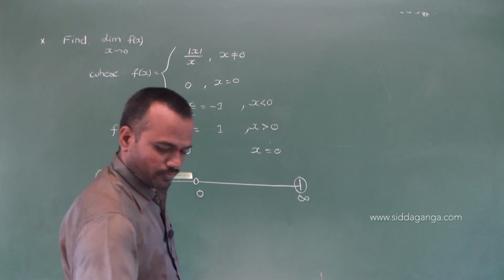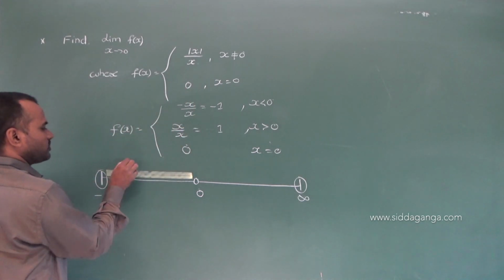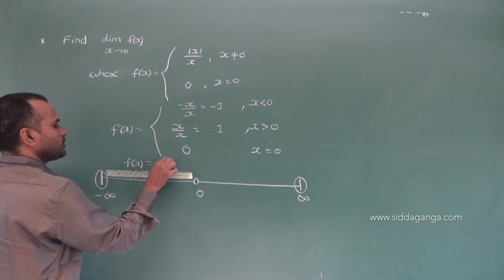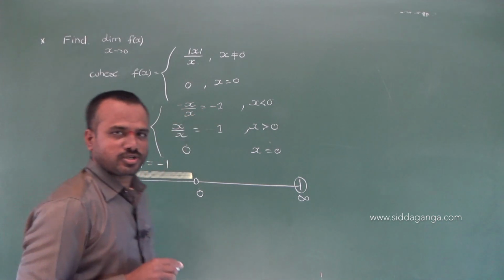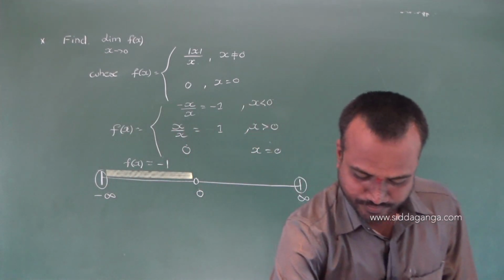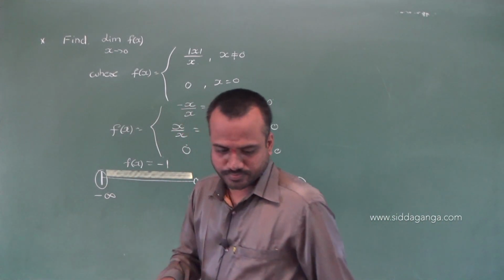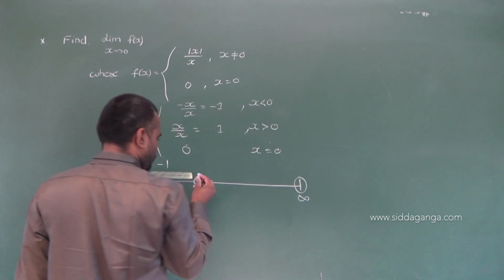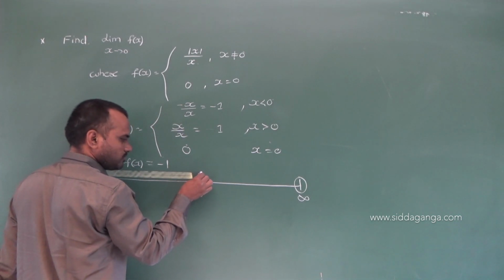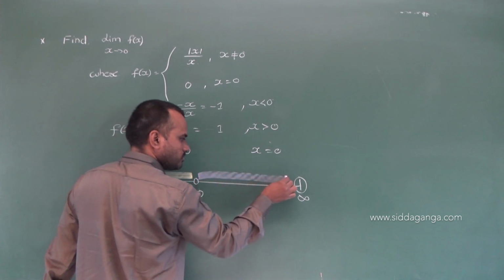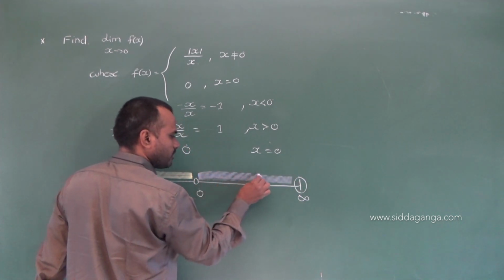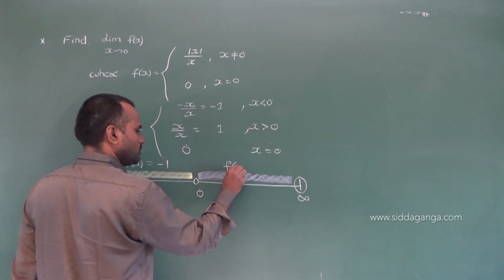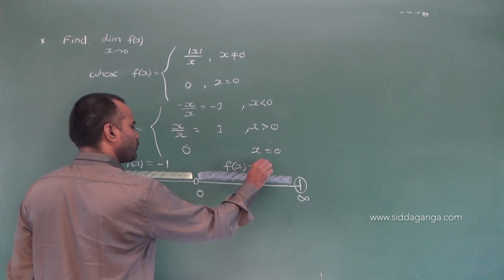For less than 0, minus x by plus x, the f of x function is minus 1. Got my point? f of x is minus 1. For greater than 0, f of x is plus 1.